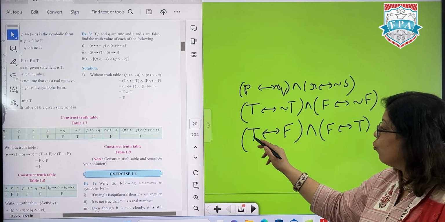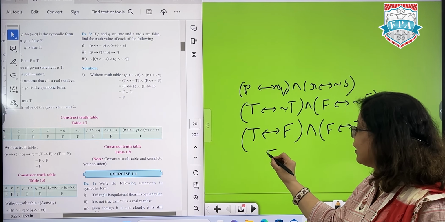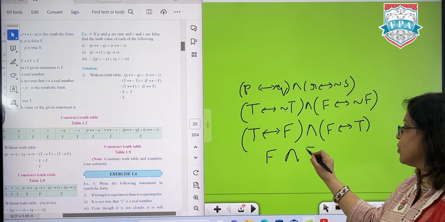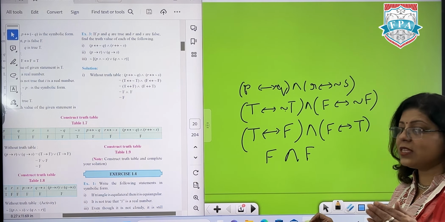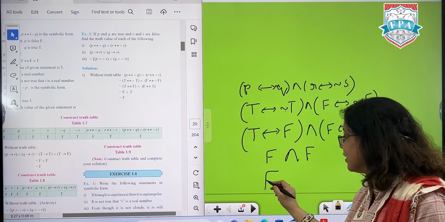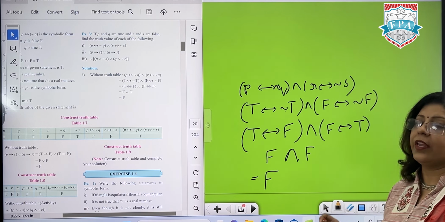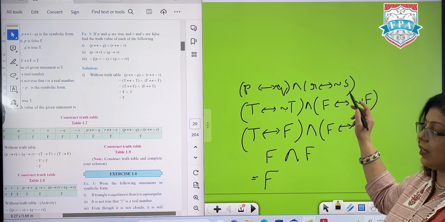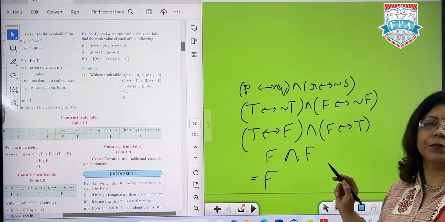So here true to false is there, so definitely the answer becomes false. Here false to true is there and therefore the answer is false. And false and false will give you the final answer as false. So the truth value of whole this statement is coming as false.